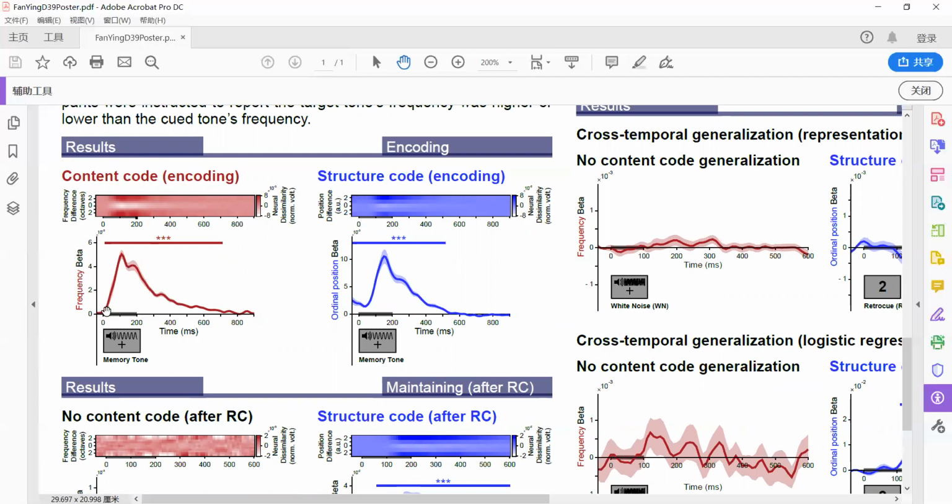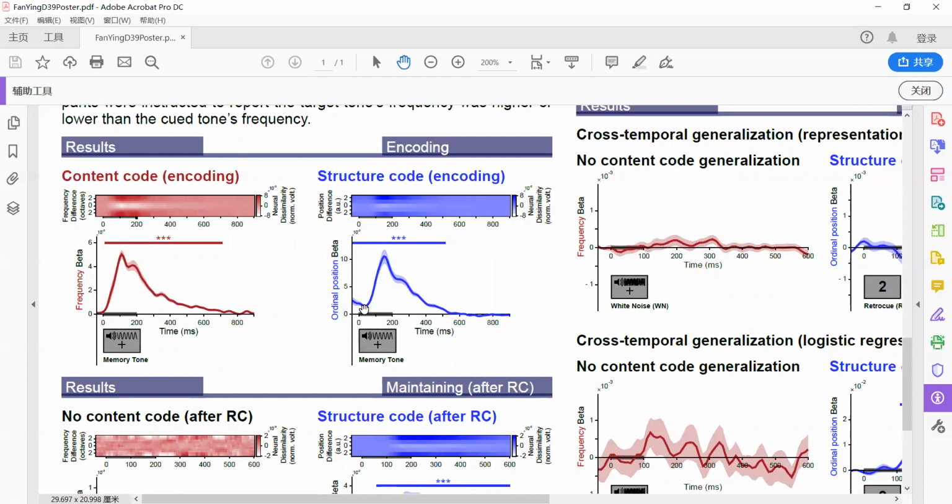The representation of the tone's frequency emerged shortly after the tone's onset, and the representation of the tone's ordinal position occurred even before the onset of the tone. Actually, this is reasonable, as the ordinal position of the tone could indeed be formed prior to the appearance of the tone.